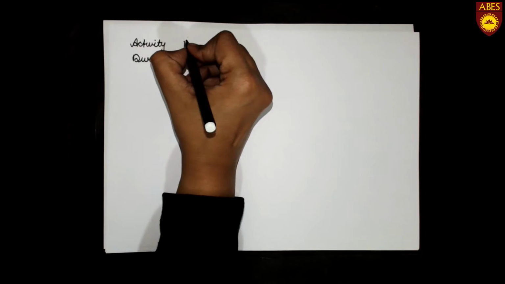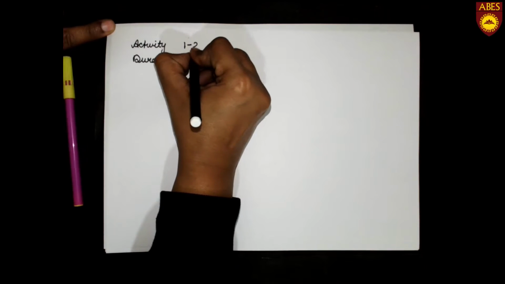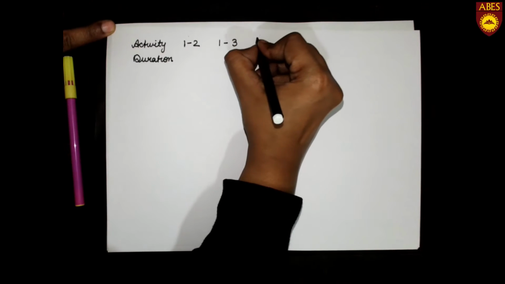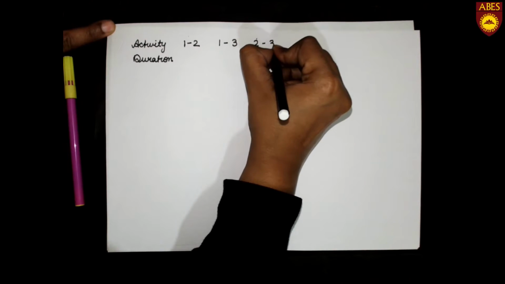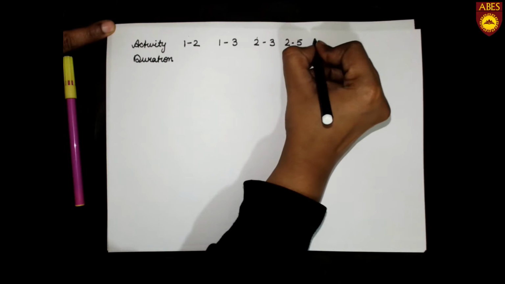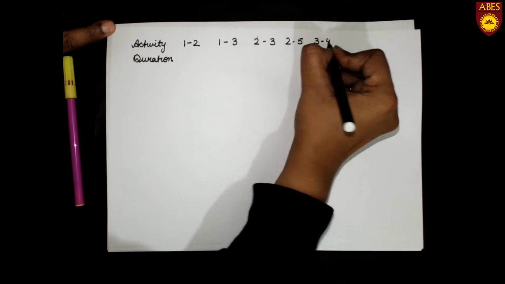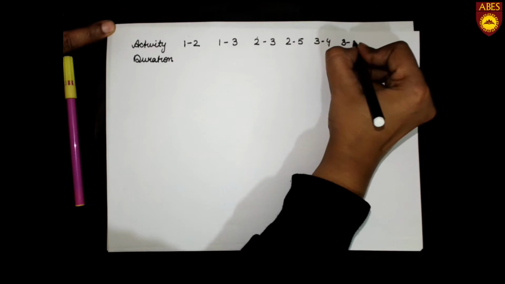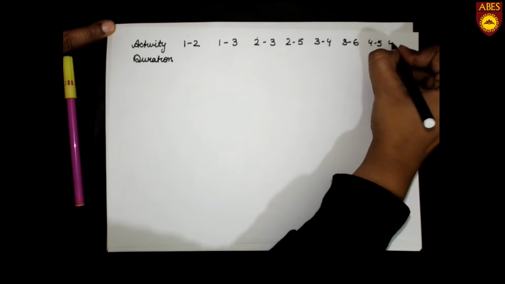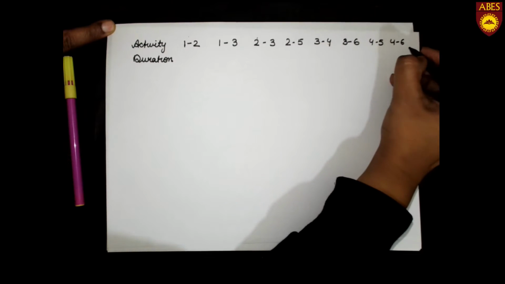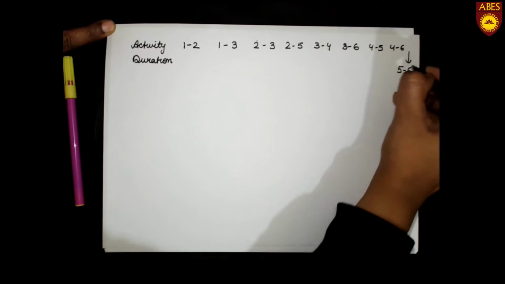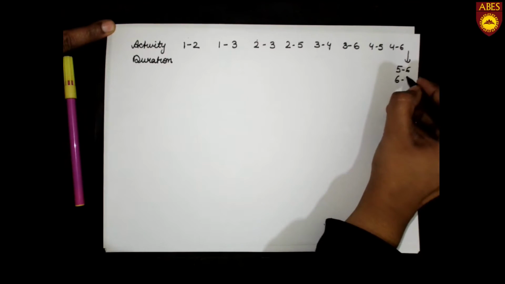Activity is in the form of events. Same 5, 6 and 6, 7.